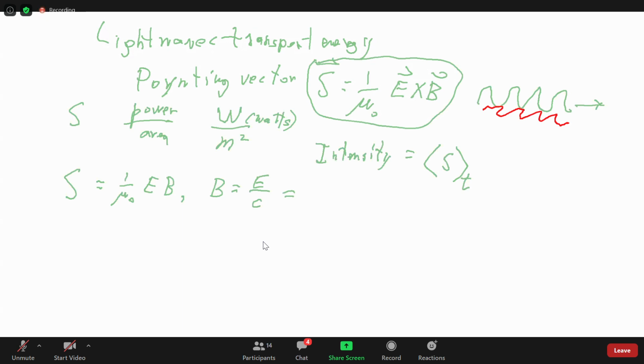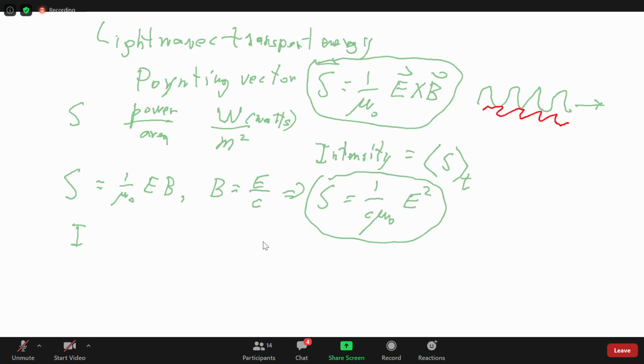So therefore, S would be equal to 1 over c mu 0 times E squared, right? So that's for an electromagnetic wave.